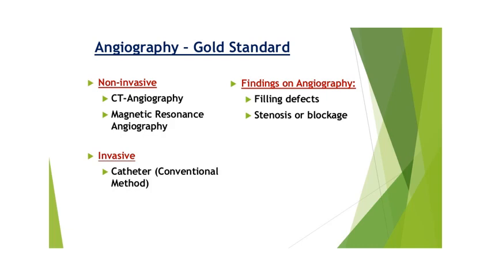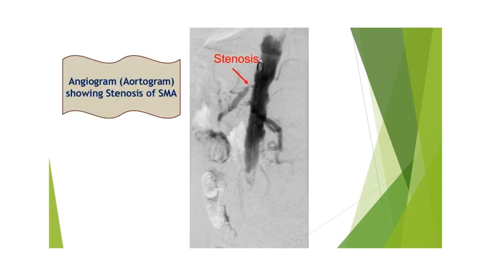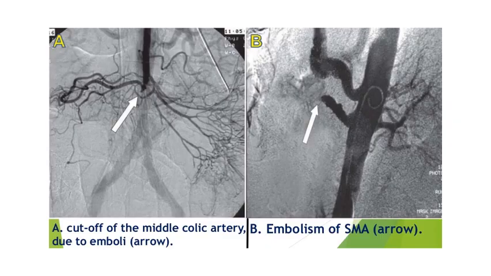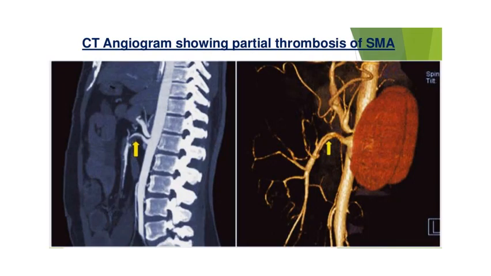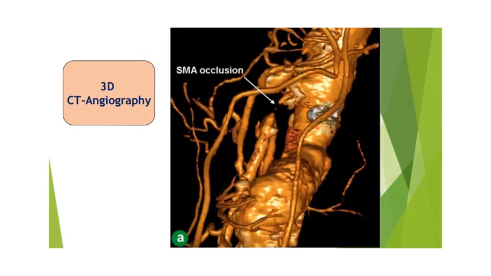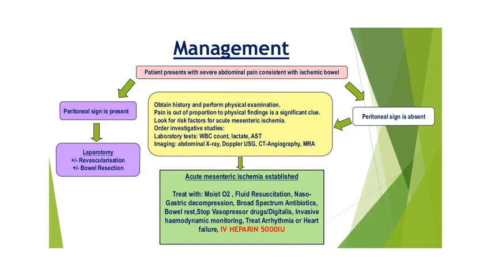Findings on angiography: filling defect, stenosis or block. The angiography showing stenosis of the superior mesenteric. CT angiogram showing partial thrombosis of the superior mesenteric. 3D CT angiography showing superior mesenteric artery occlusion.